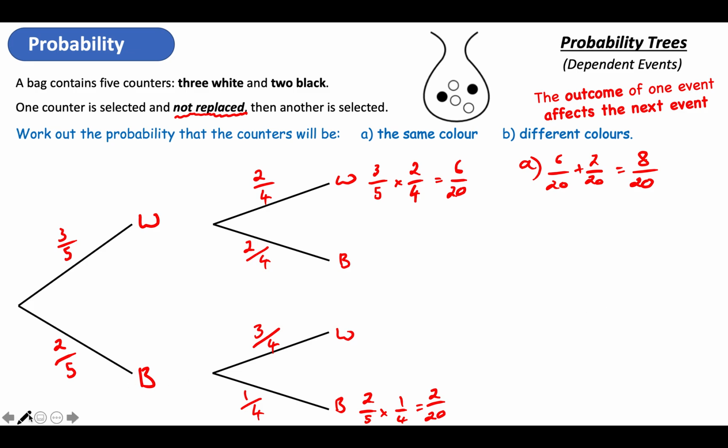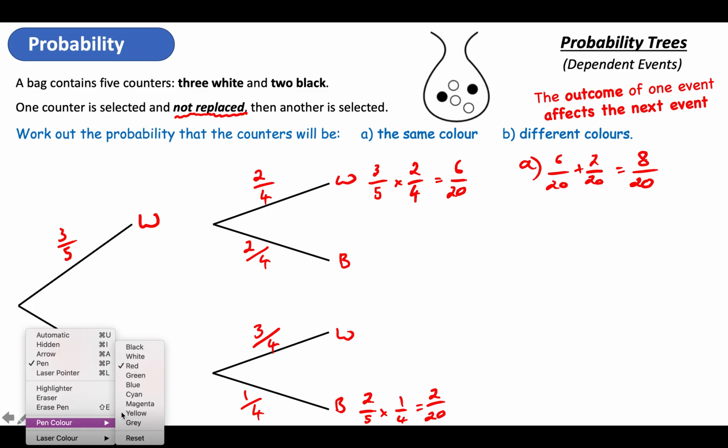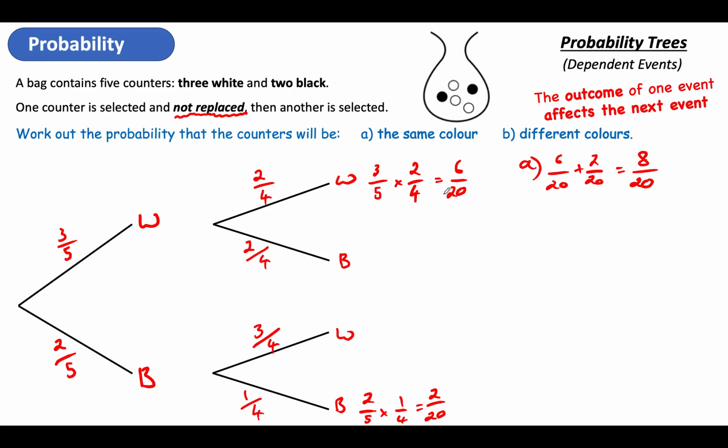Right, let's change colour. Let's go for that really sickening, horrible magenta. What about different colours? Well, there's 2 options for different colours. There's this one with white and black, which would be 3/5 times by 2/4. Or there's this one, black and then white, which would be 2/5 and then 3/4. 3 times 2 is 6, 5 times 4 is 20.